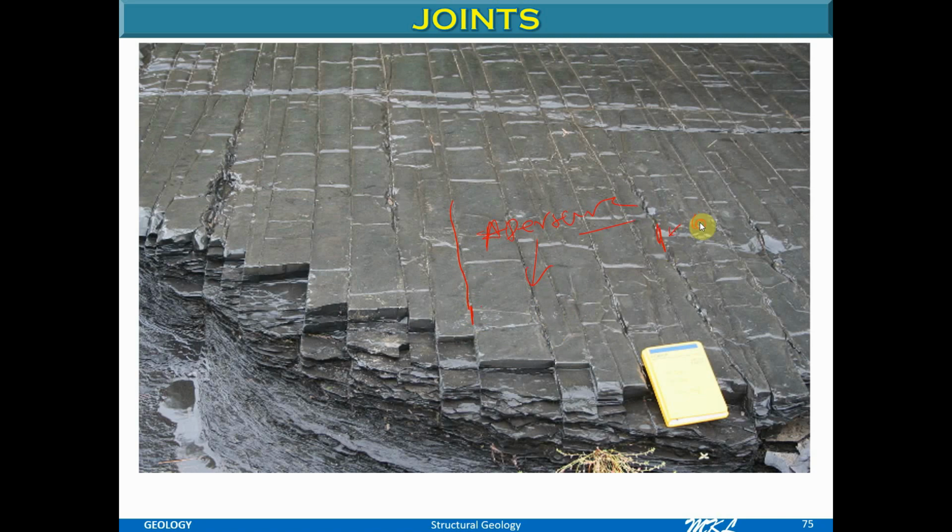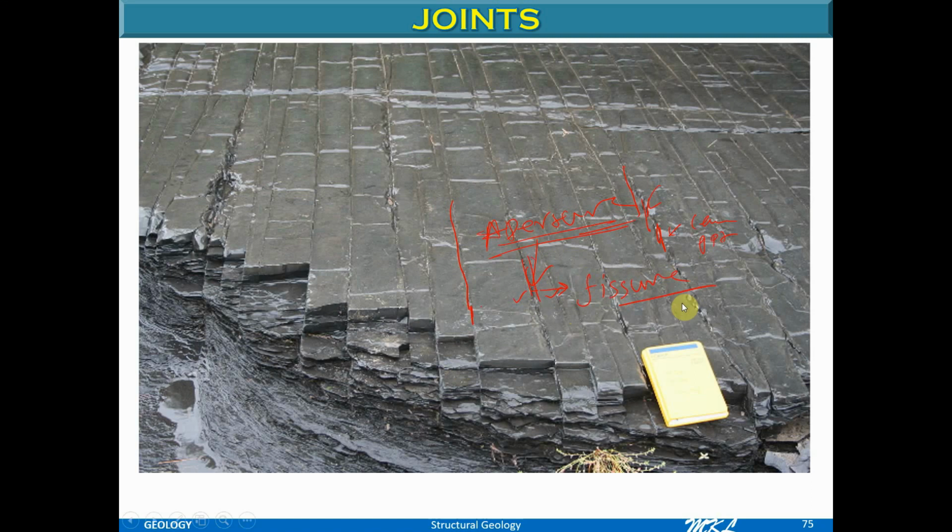This could be some chemical precipitation, or some other mineral depositing here for some reason, or some placer deposit could be there, or some cementation may be there. So the small space between this block and this block is called aperture. A joint with a large aperture, if the gap is larger like this, is called a fissure.